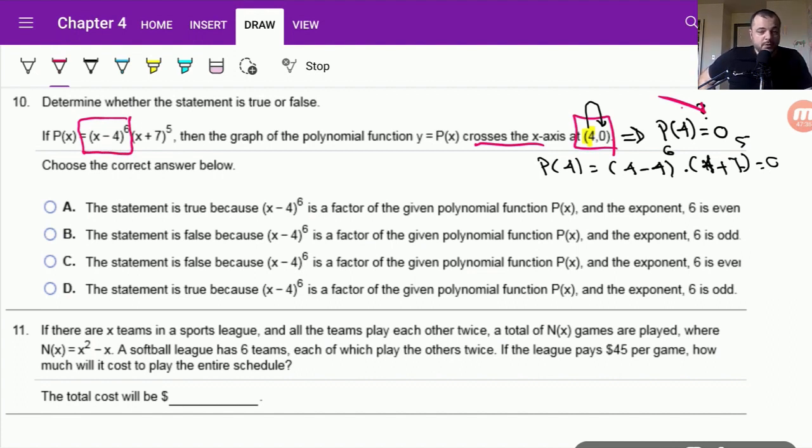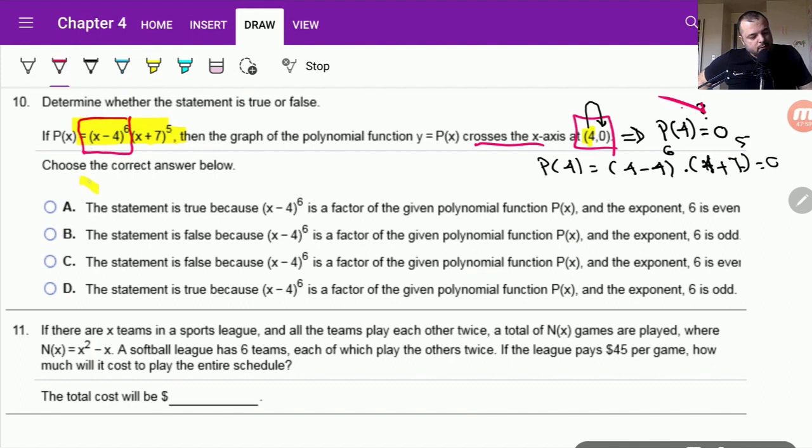It doesn't ask about the number -7. How many zeros do we have here? We have 2 zeros. The first 0 is 4, and it has a multiplicity of 6, and we have -7, which has a multiplicity of 5. We can write this down.